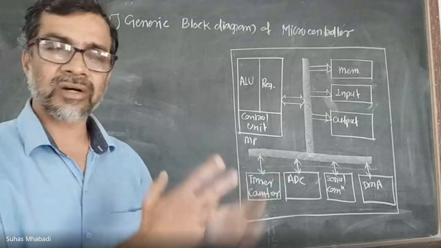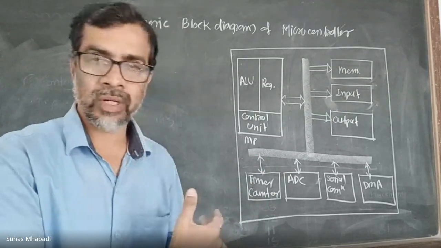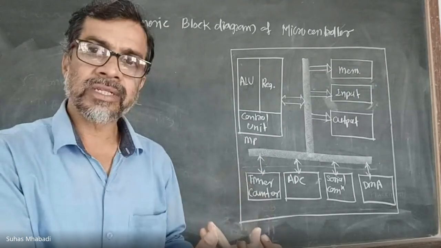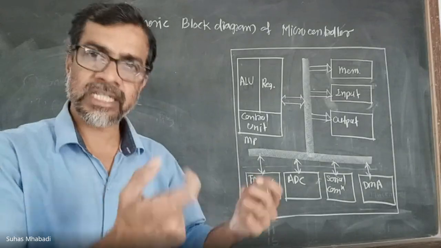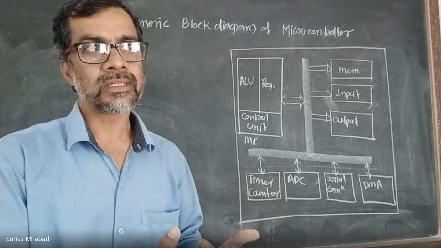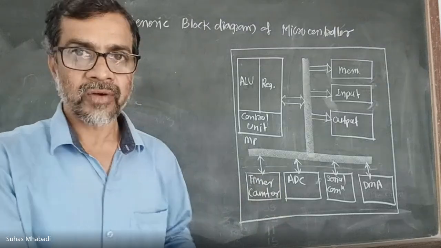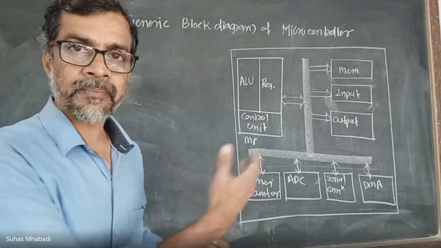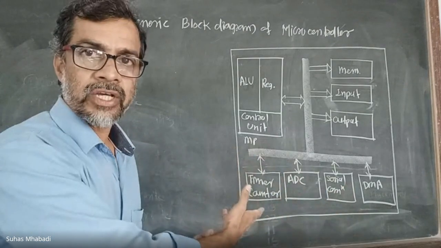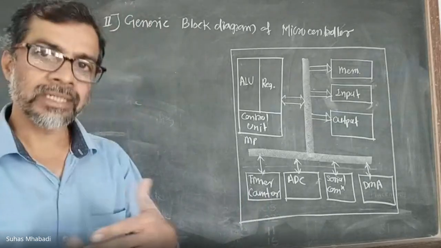This is the generalized block diagram of a microcontroller. As we move ahead in our syllabus in detail, we will go for a specific one. How much will be the memory? What is the size of input devices? What are the specifications of ADC, DMA, serial communication? That we see in our syllabus.